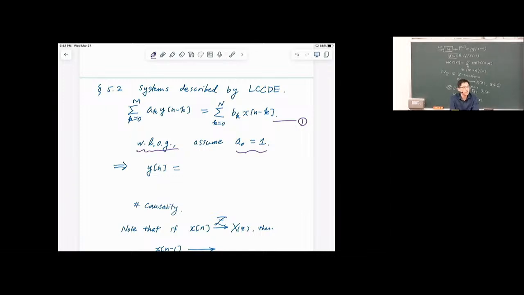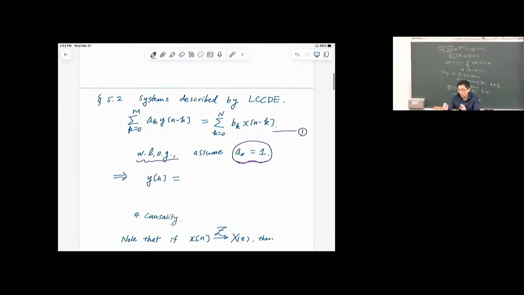Normalize the equation so that A0 is 1, and there's an advantage of doing this. If we assume A0 is equal to 1, then we can keep y of n on one side of the equation and move everything to the right-hand side.